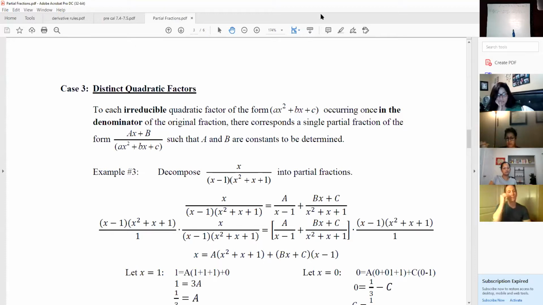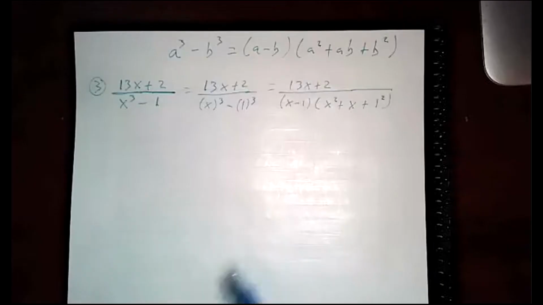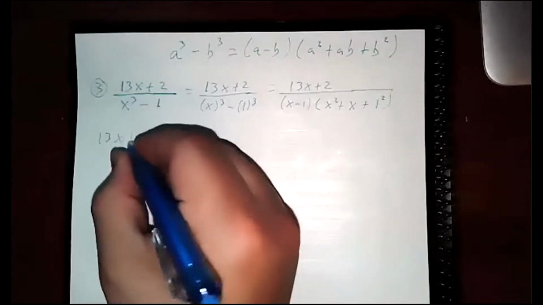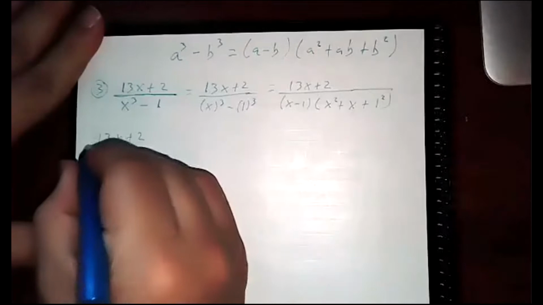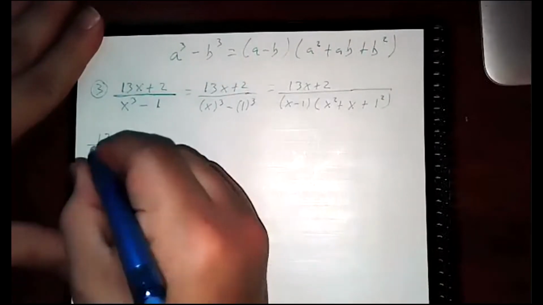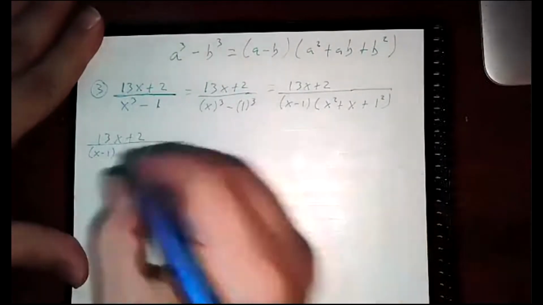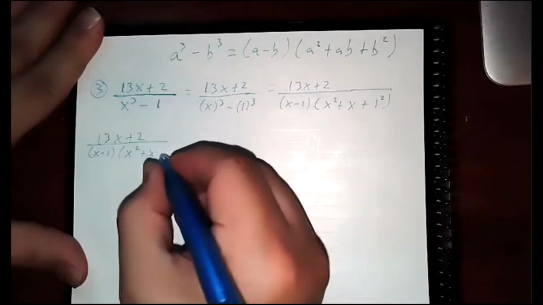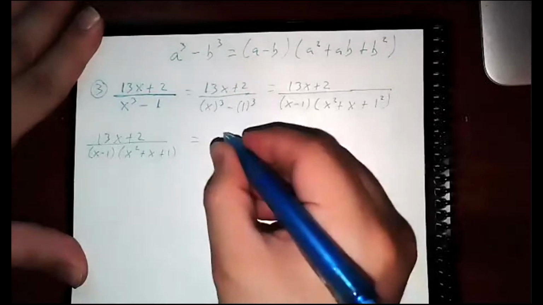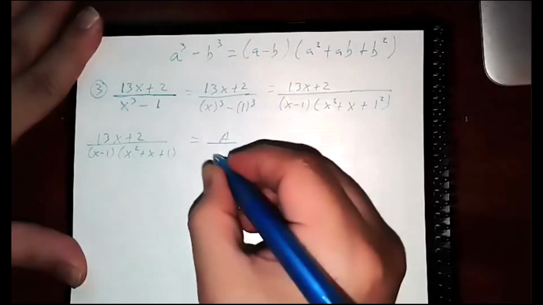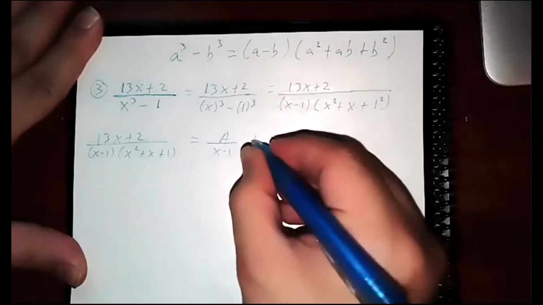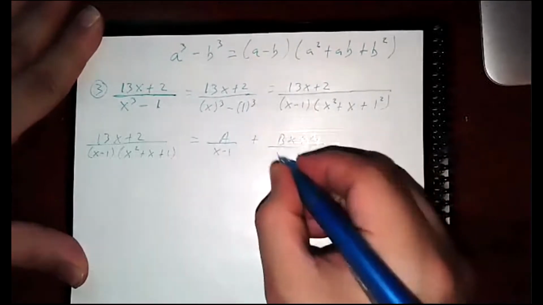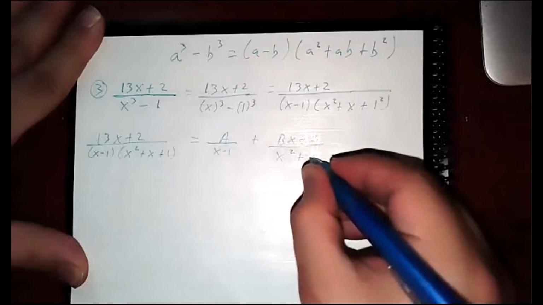Okay, so that's how we're going to start. So this guy right here, 13x plus 2 over x minus 1, x squared plus x plus 1 is equal to a over the first one plus bx plus c over the second irreducible factor.